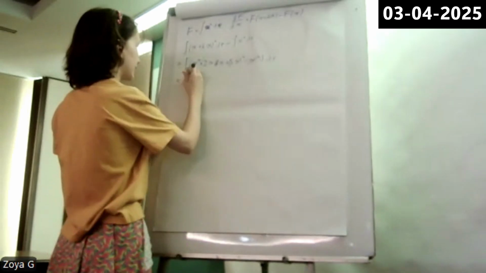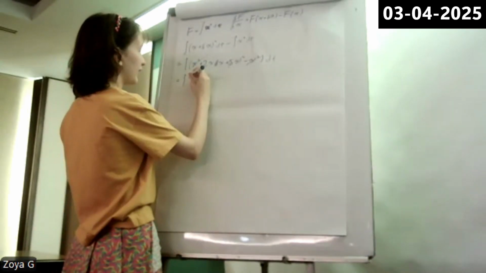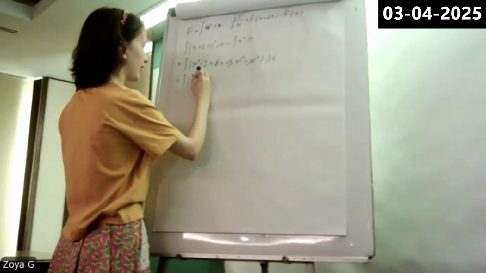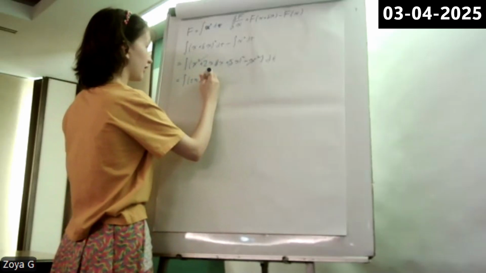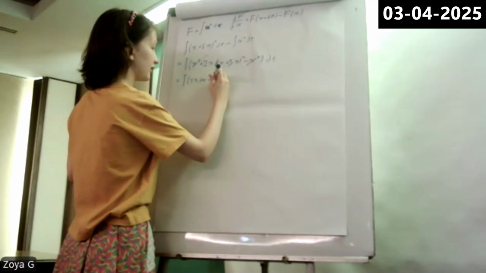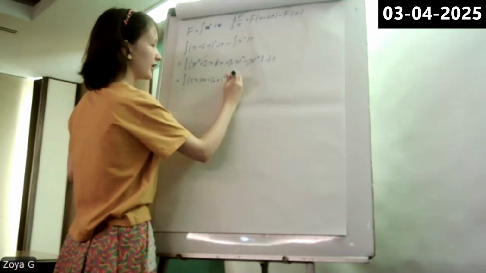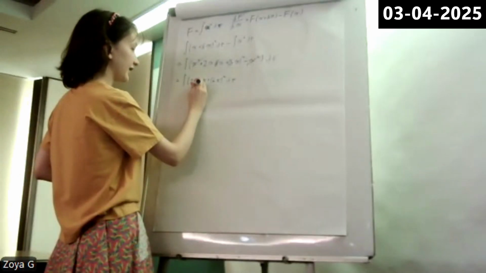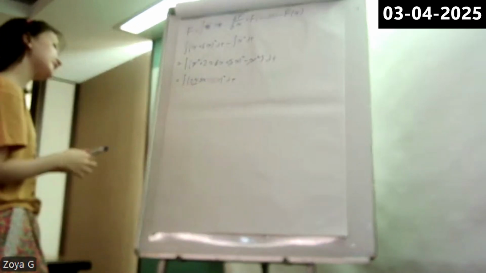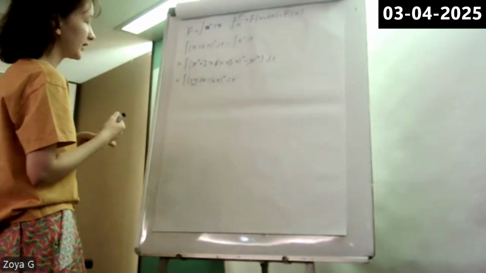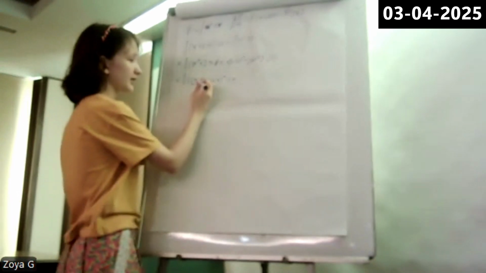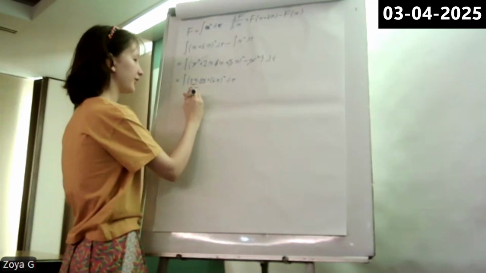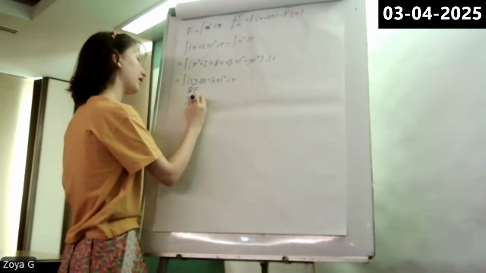Which means that this looks like 2x var x plus var x squared dt. And as you can see, this is the thing that we are multiplying by var x. And so hence this is our var x.